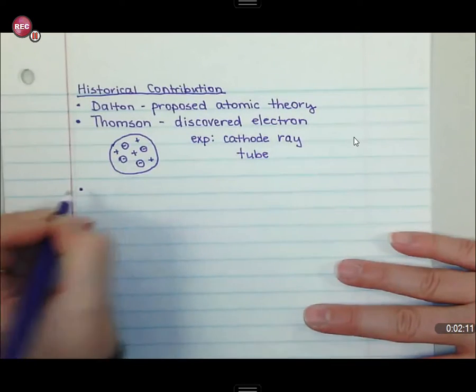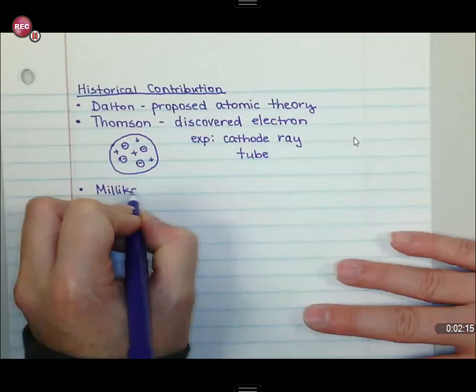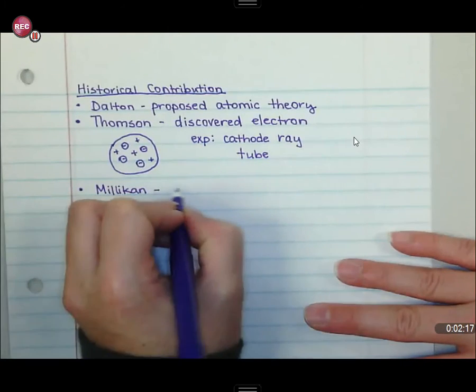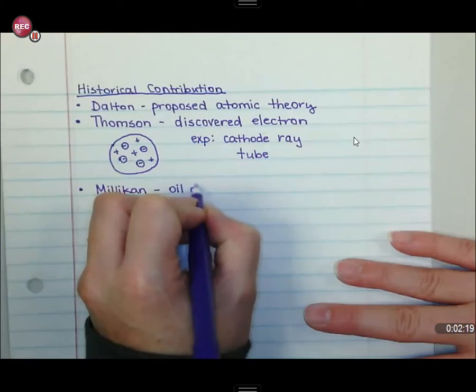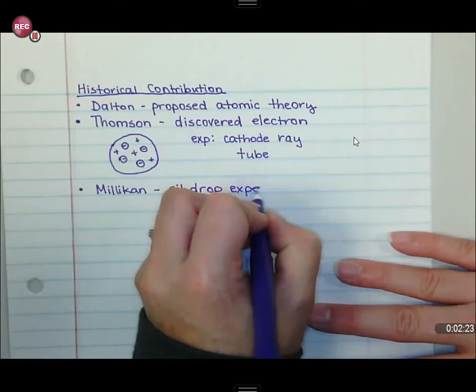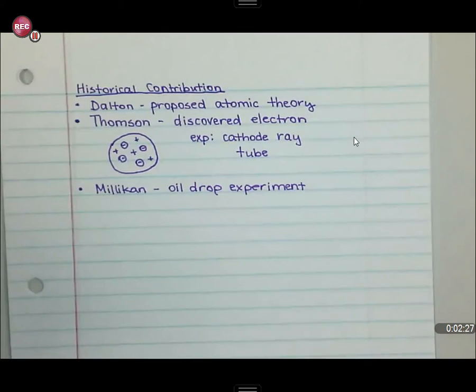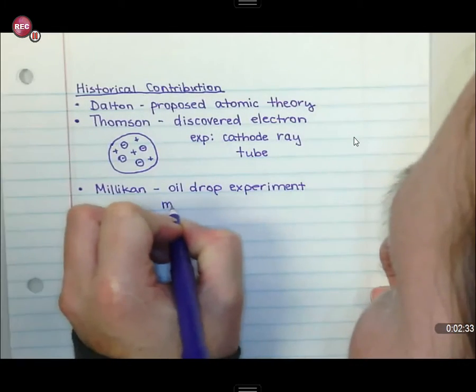Then we had one that's not as well known, Millikan. Millikan did the oil drop experiment. And this helped them determine the mass of an electron.